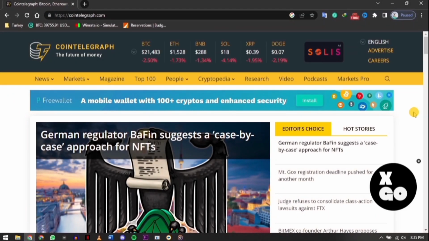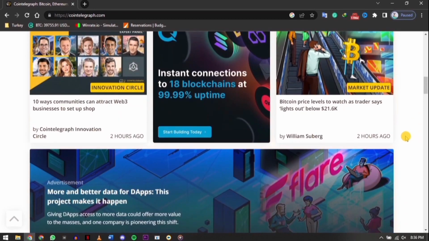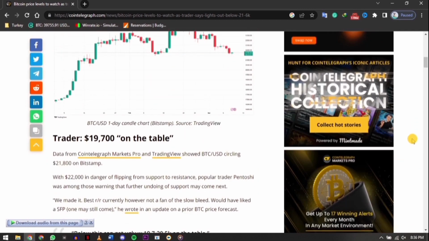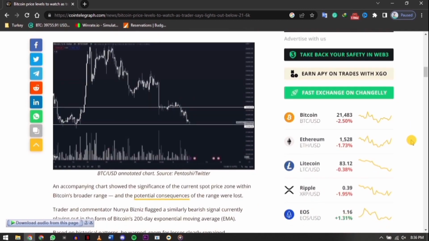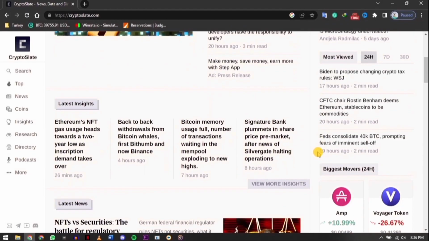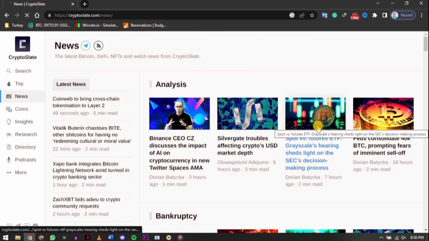Cointelegraph, a popular news website that covers the latest news and developments in the cryptocurrency industry. It offers a variety of tools and resources for traders, including market analysis, price charts, and more. CryptoSlate, a newer website that focuses on cryptocurrency news and blockchain technology.